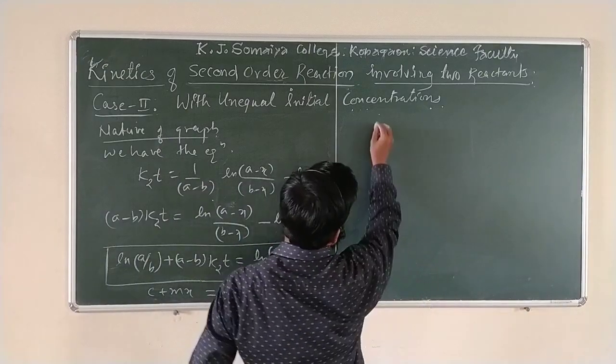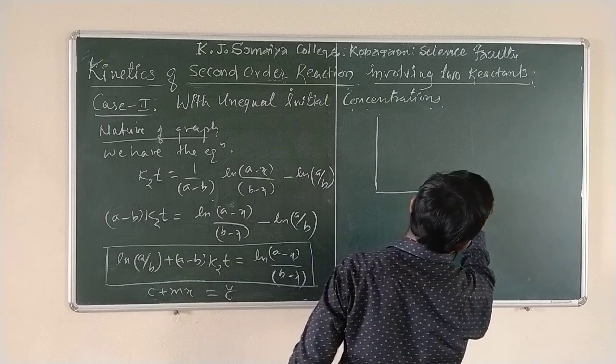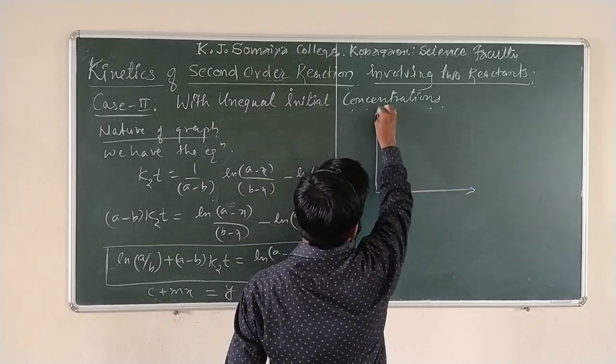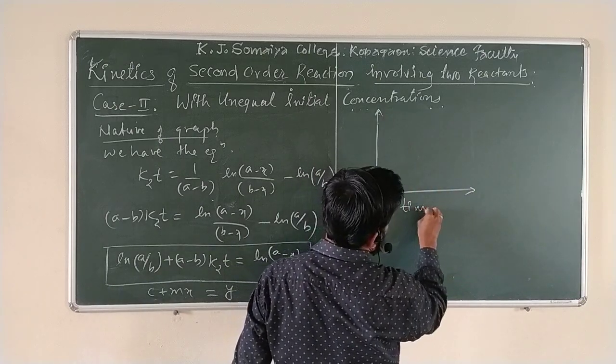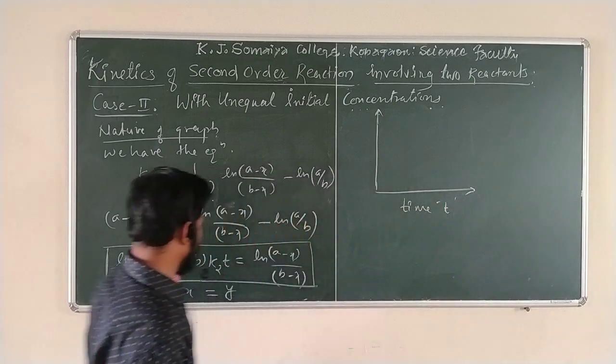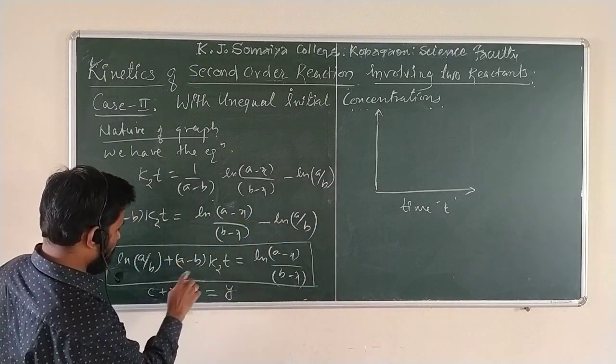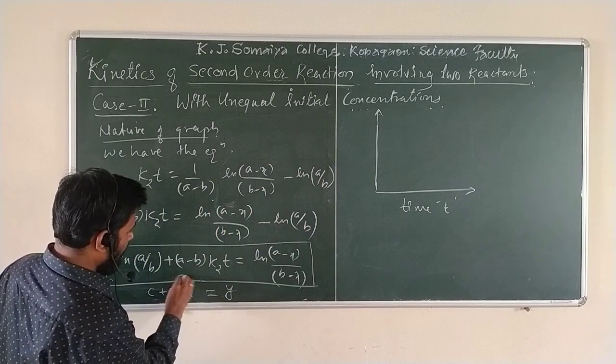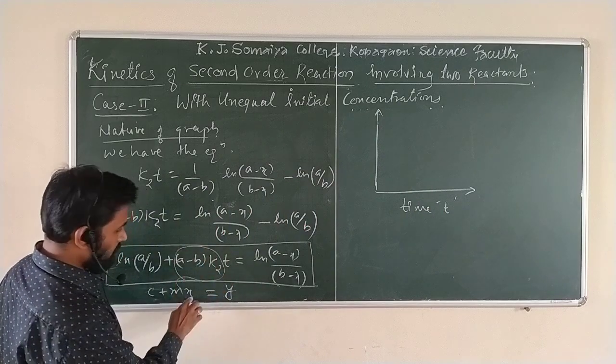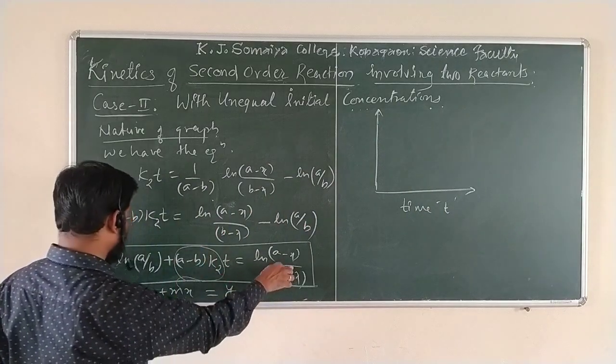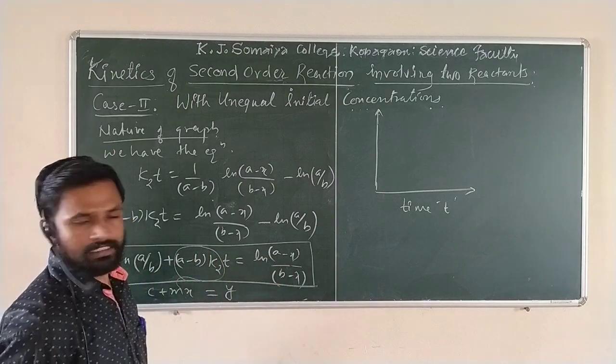How? If I plot time t on the x axis, this is mx, this is the m. What is m? m is all these terms, and this is on the x axis, and this is on the y axis, and the intercept will be c.